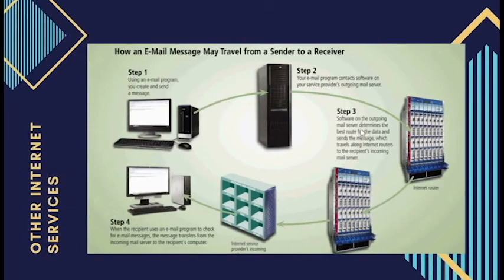Then the software and the outgoing mail server may determine the best route. Then the internet service provider's incoming mail server receives it. Then when the recipient uses an email program to check for email messages, the message transfers from the incoming email server to the recipient's computer. That's the cycle of an email message, how it travels from a sender to a receiver.